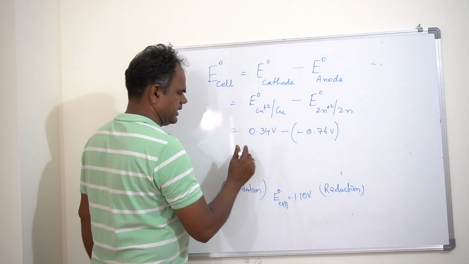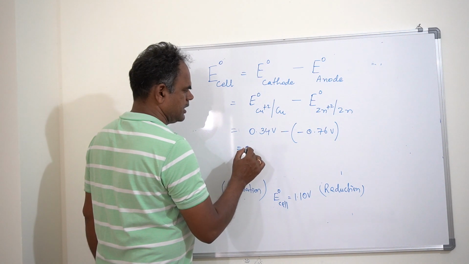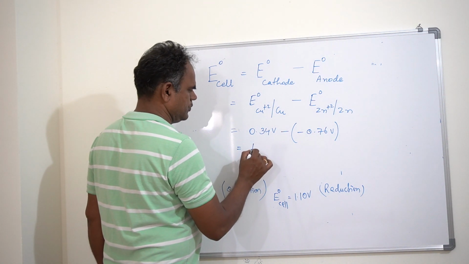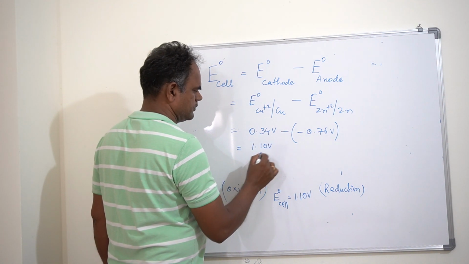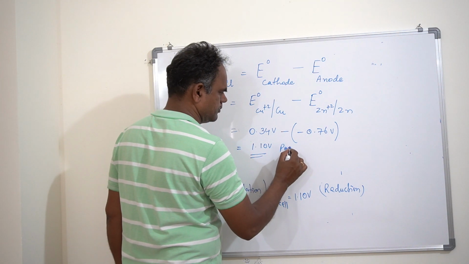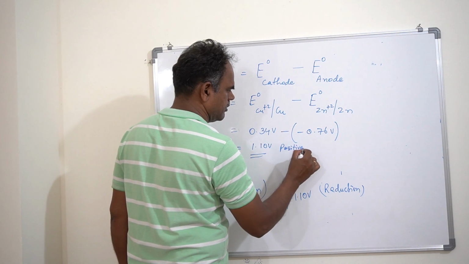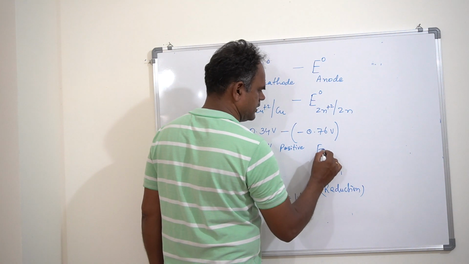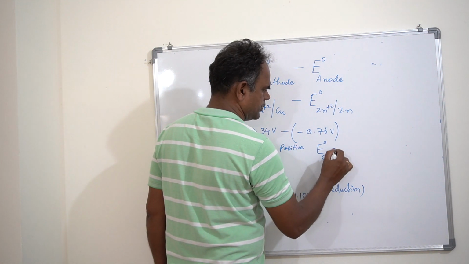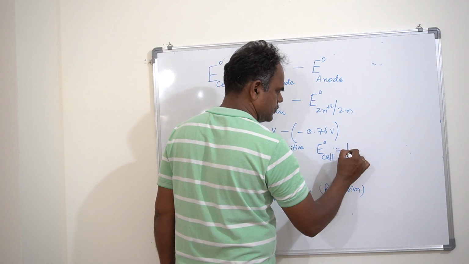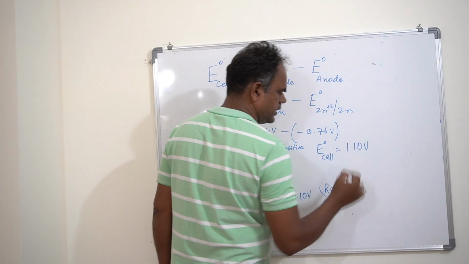So minus and plus, you get a value of around 1.10 volts, which is positive. The standard cell potential is positive 1.10 V.